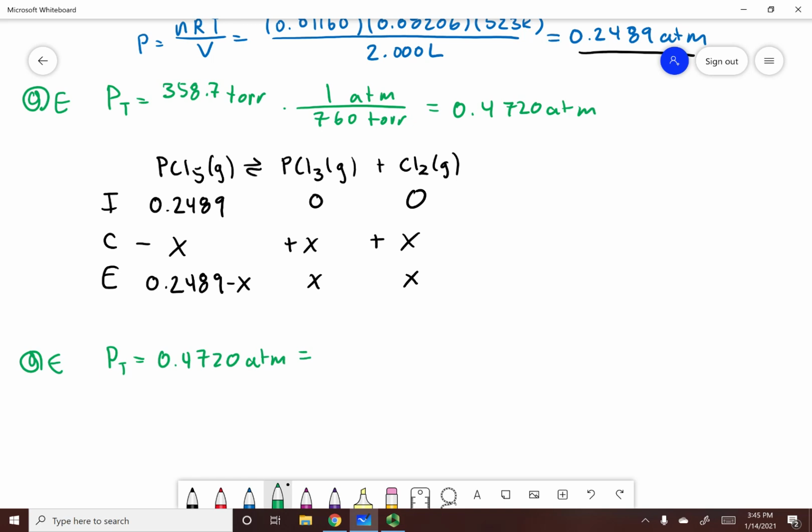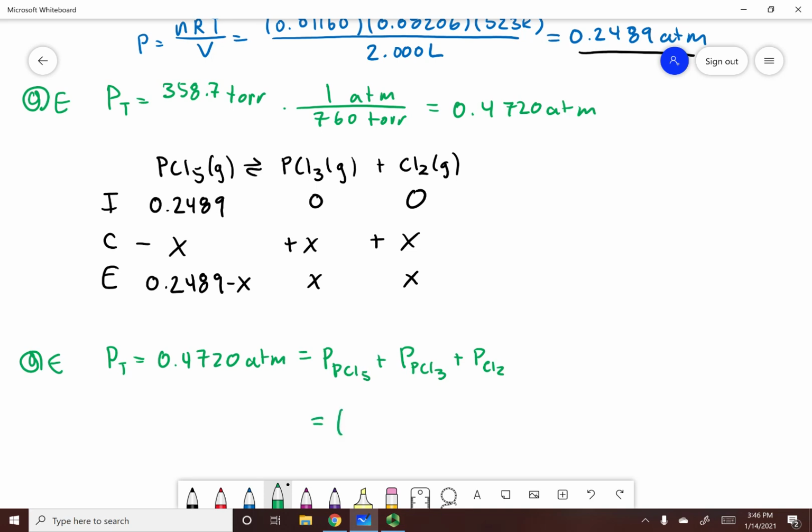The total pressure is due to all the gases present at equilibrium. So at equilibrium, I have the pressure of PCl5, the pressure of PCl3, and the pressure of Cl2. These are all gases.